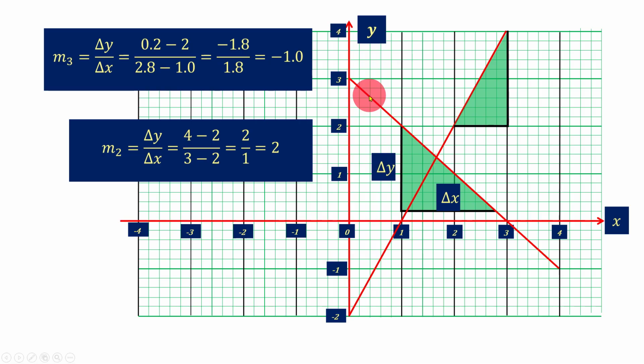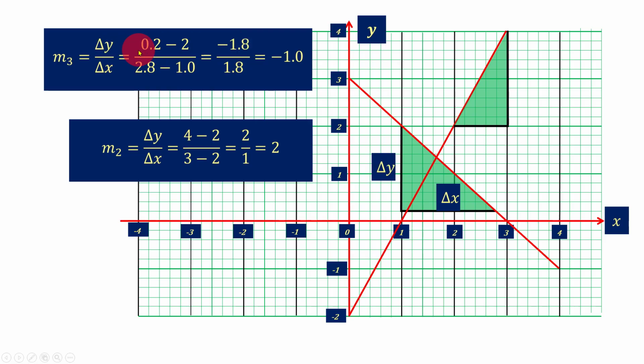It's like going down a hill. The gradient is going to be negative, but when you're going up a hill, the gradient is going to be positive. That is an analogy that you can use in this case. So the gradient of a line can be positive or negative, and we can even prove that the gradient of this line is negative, like we have done here.